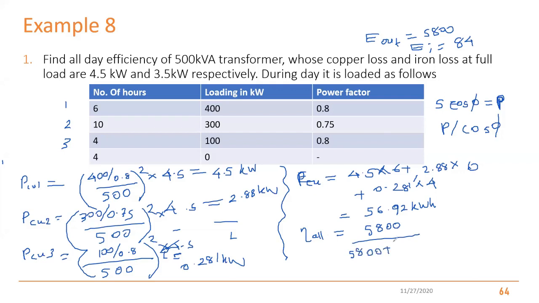The iron loss is 84, the copper loss is 56.92, so the whole day efficiency is 97.63.